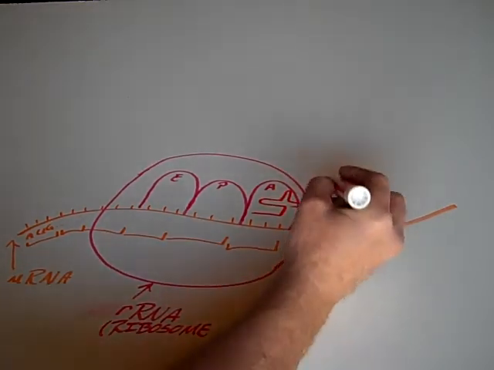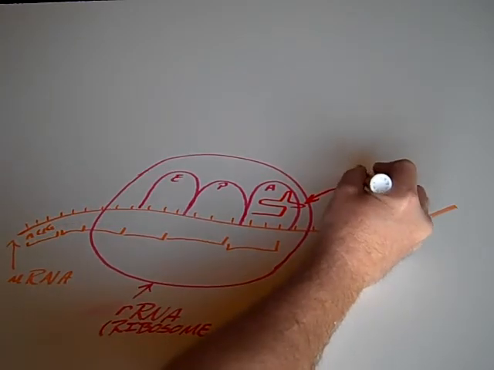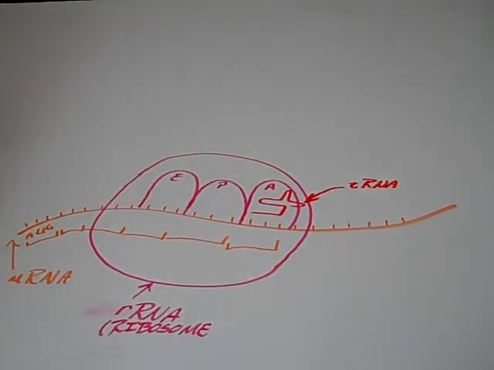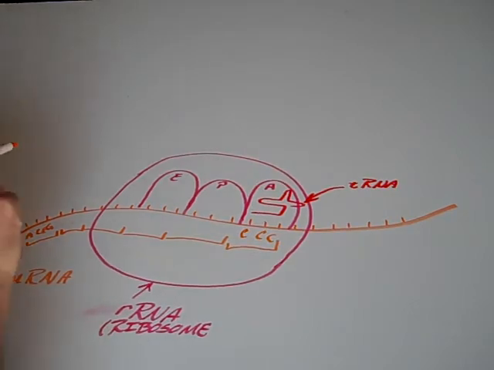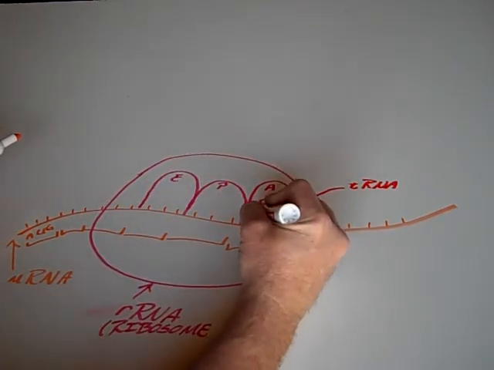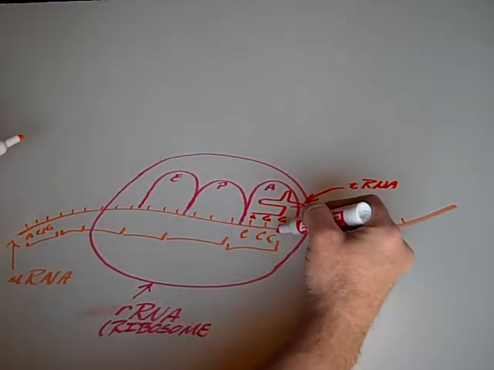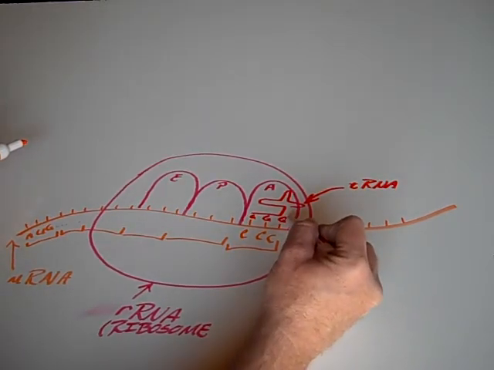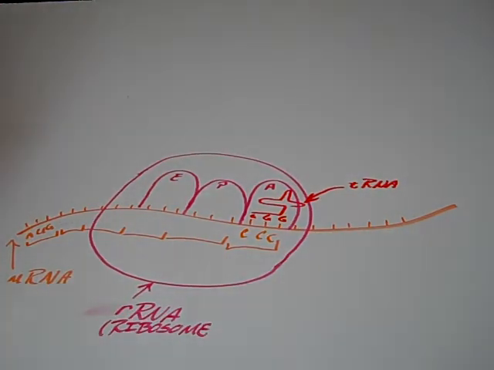So if this is my tRNA right here, and let's say that the codon down here went CCC, then the anticodon that would be accepted would be G, G, G. So it's because of this complementary base pairing that the codon CCC matches the anticodon GGG, and therefore the ribosome will accept it, but only if it's carrying an amino acid.